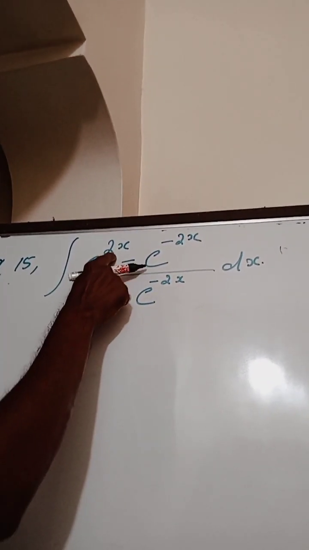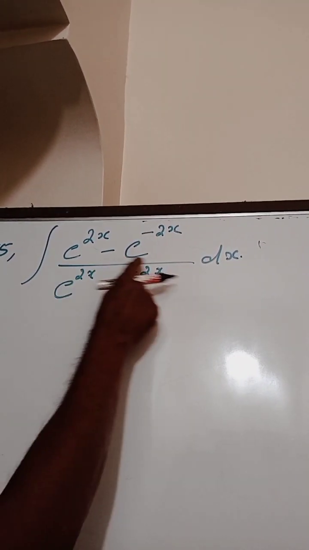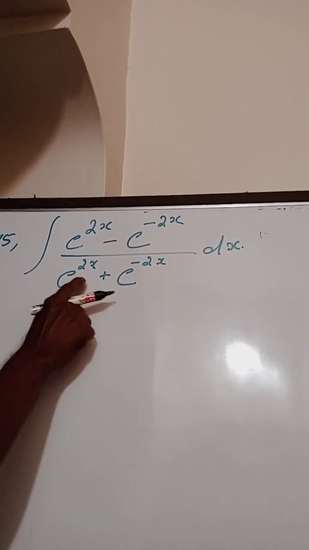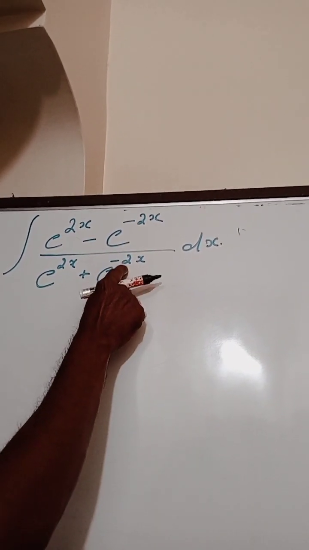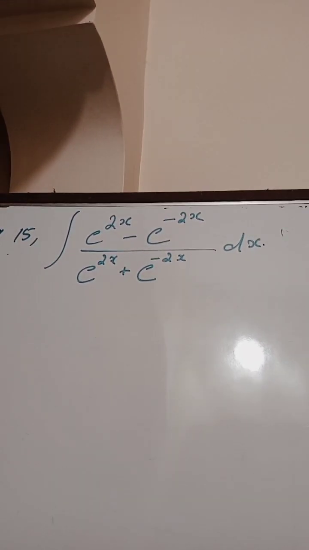Question number 50. Integration of (e raised to 2x minus e raised to minus 2x) the whole divided by (e raised to 2x plus e raised to minus 2x) into dx.